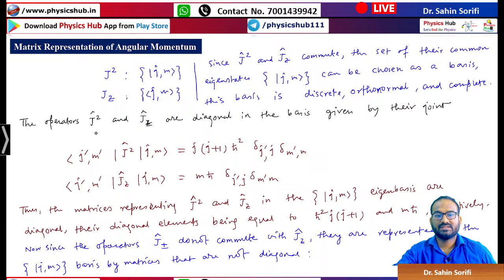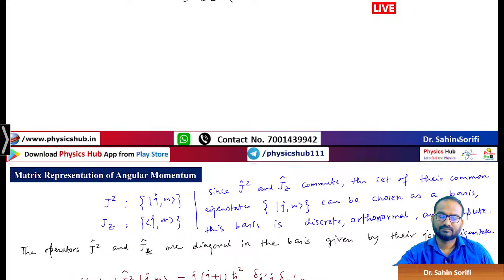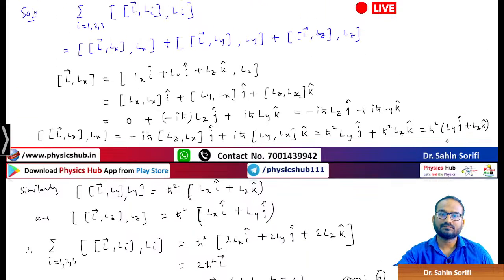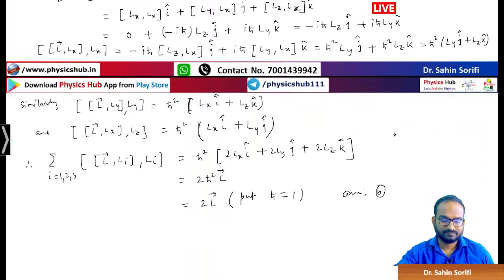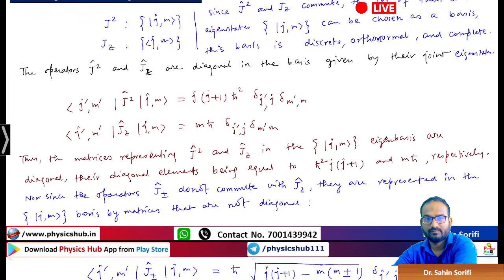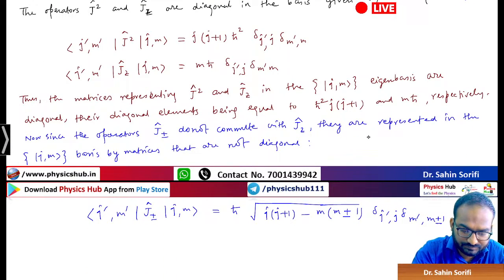The operators Jz and J square are diagonal in the basis given by their joint eigenstates. Is it now fine, Murli?